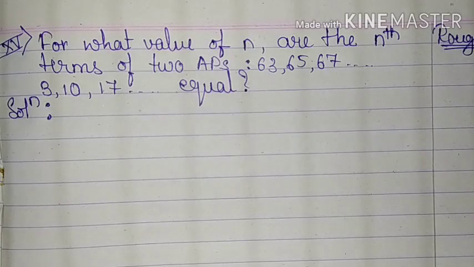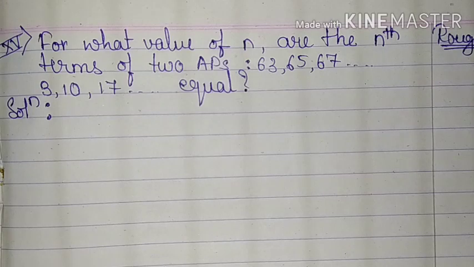In the 15th question, for what value of n are the nth terms of the two APs, 63, 65, 67 and so on, and 3, 10, 17 and so on, equal? They have given us two APs.